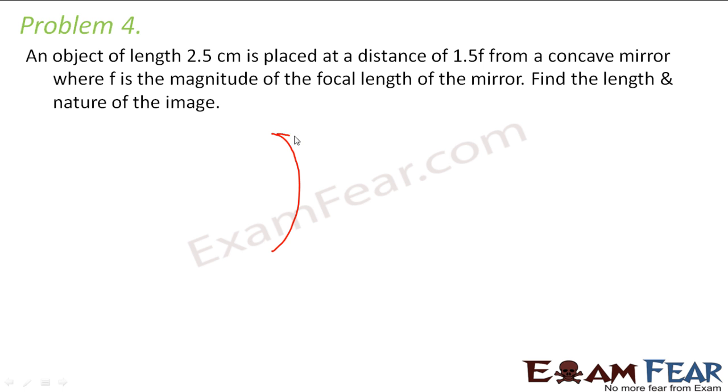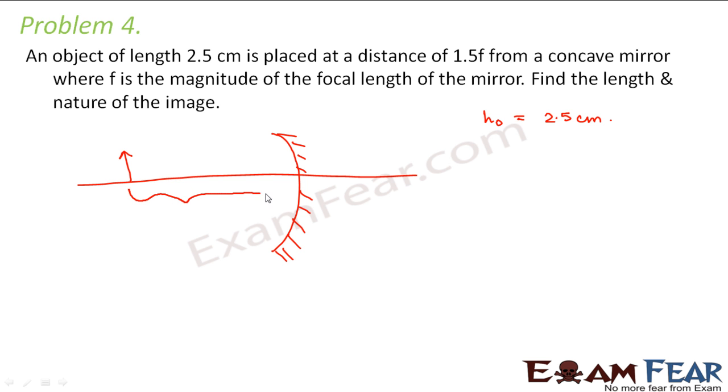So let us have this concave mirror. It says that there is an object of length 2.5 centimeters. That means the height of the object is 2.5 centimeters. It is placed at a distance of 1.5 f from the mirror.